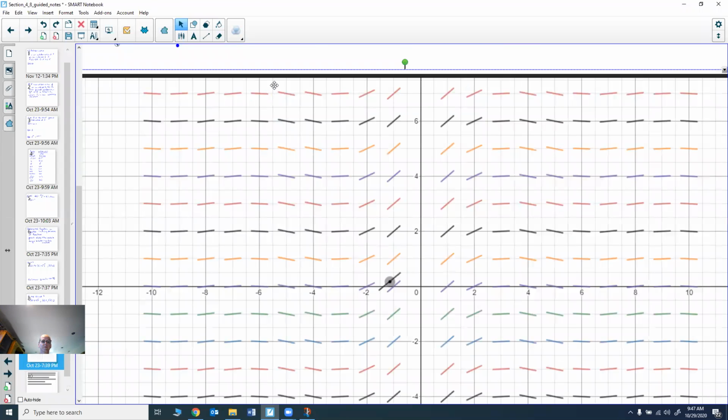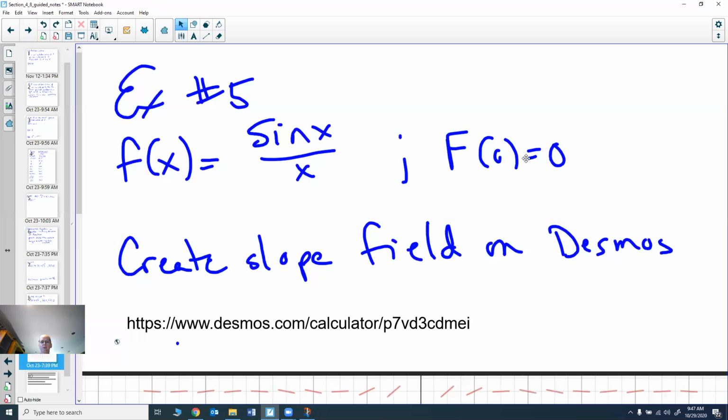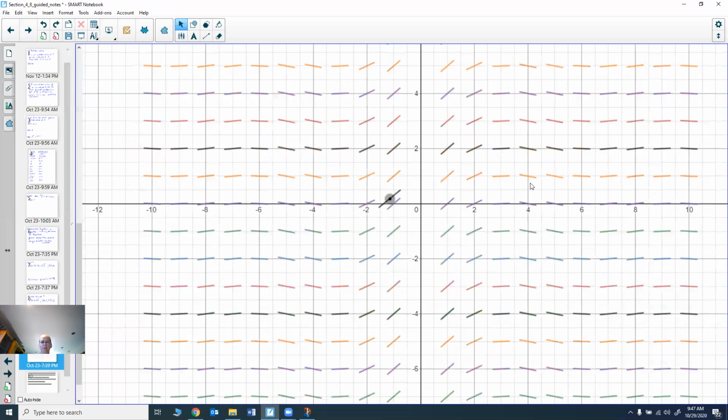And there's our slope field for the sine of x over x. Now, the other thing we notice on here is that we do say we want f of 0 to be 0. So that's telling us where we're starting. So we're going to come here to f of 0, 0, and that's where we're going to start a point. And there's my point right there.